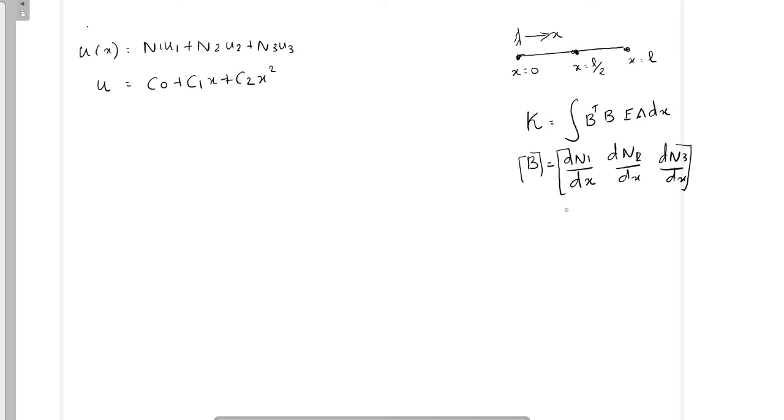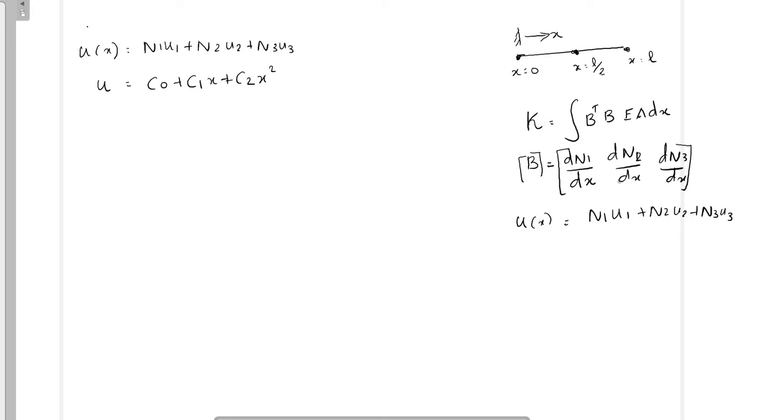So we are in the need to find out the shape functions. The shape function means it is an interpolation function between the global displacement and the local displacement. If you keep u of x as the global displacement, u1 is the nodal displacement at node 1, u2 is the nodal displacement at node 2 and u3 is the nodal displacement at node 3.